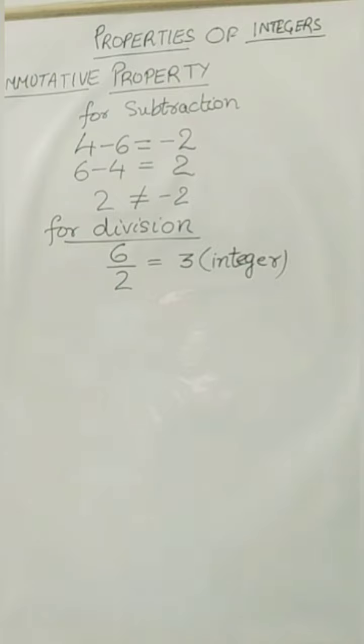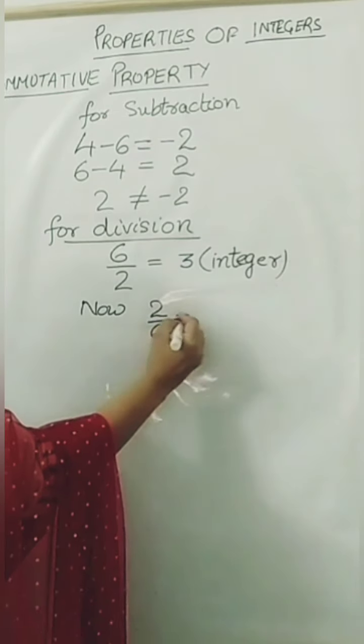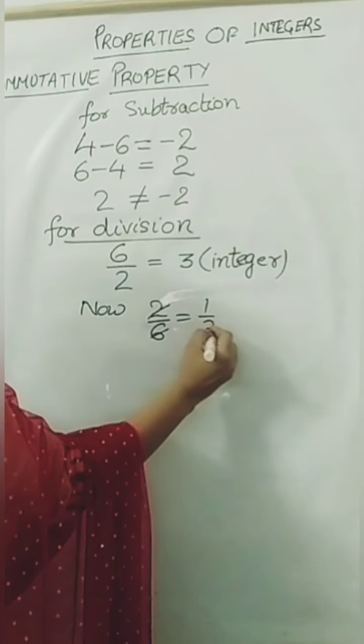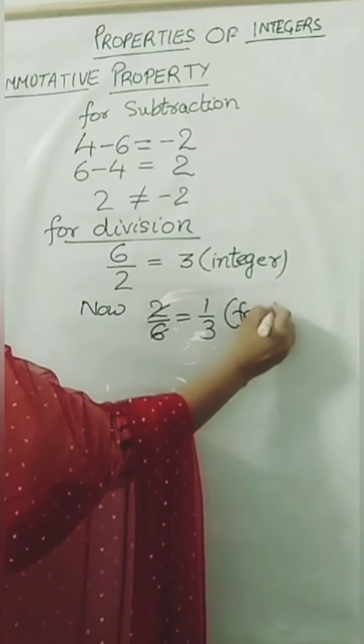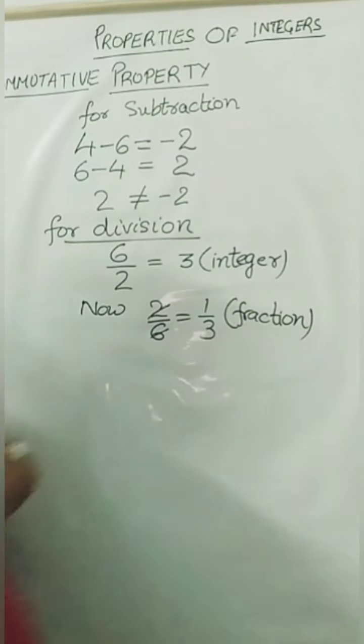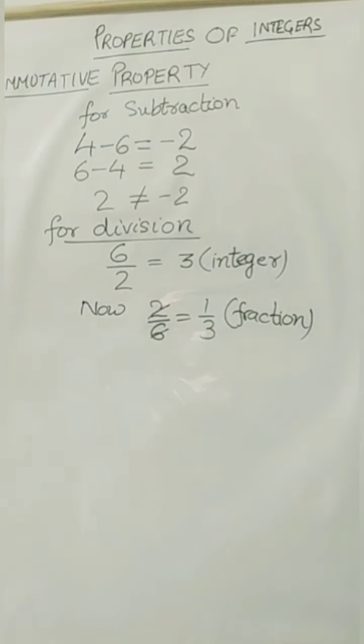We are getting an integer when we divided 6 by 2. We got 3 as an integer. So let's see whether b divided by a is possible. Now 2 divided by 6 gives you 1 by 3. This is a fraction. So we have seen that the commutative property does not hold for division also.